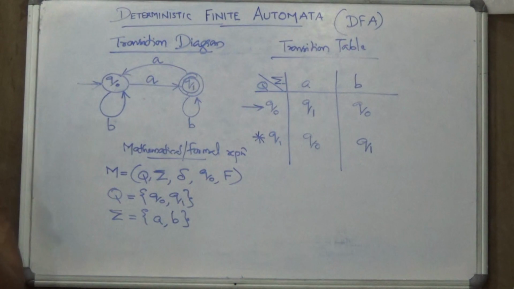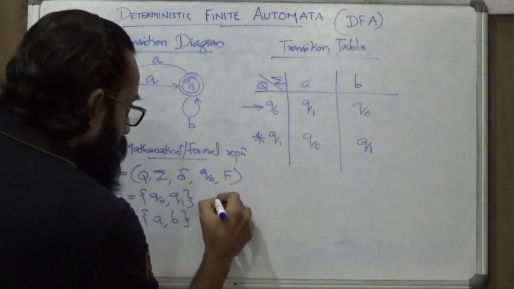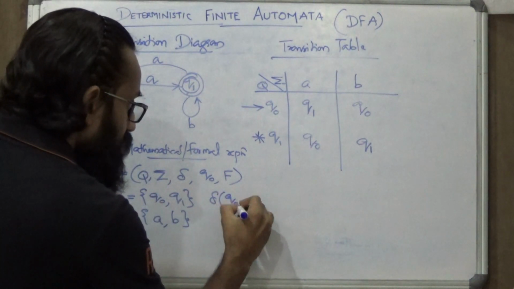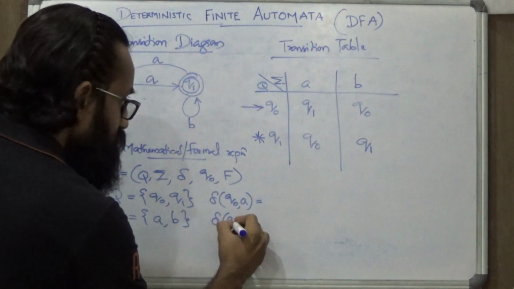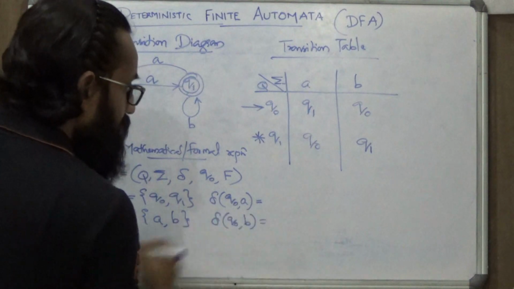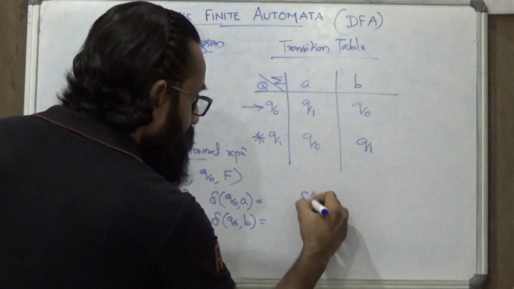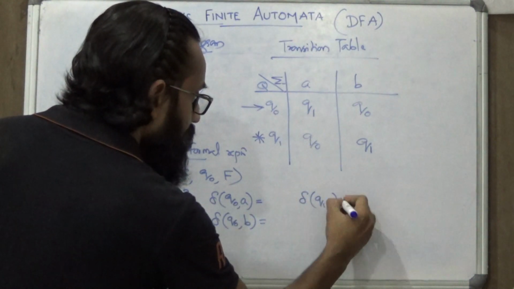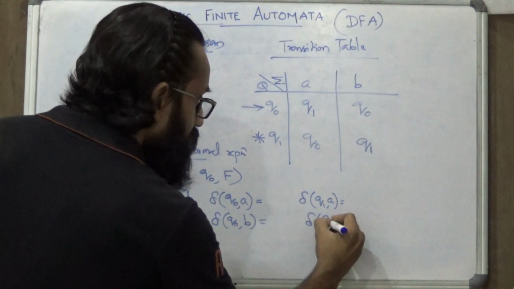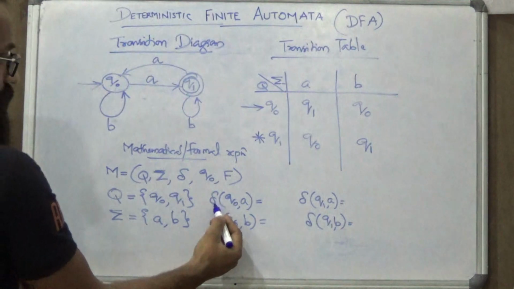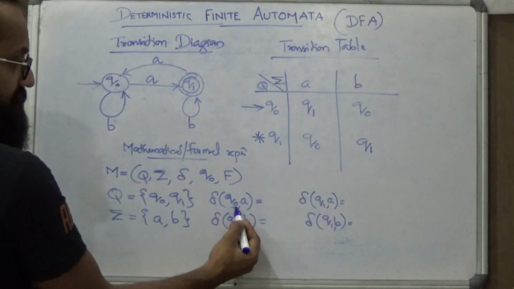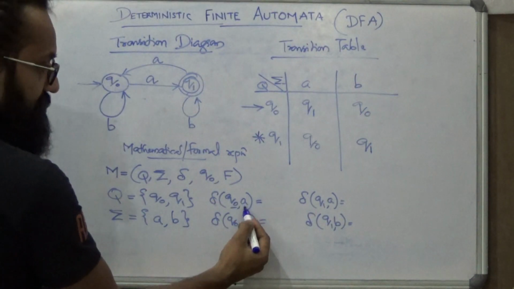Now you can define delta. What is delta(Q0, A)? What is delta(Q0, B)? What is delta(Q1, A)? What is delta(Q1, B)? This function takes two parameters. The first component is a state and the second component is an alphabet symbol.